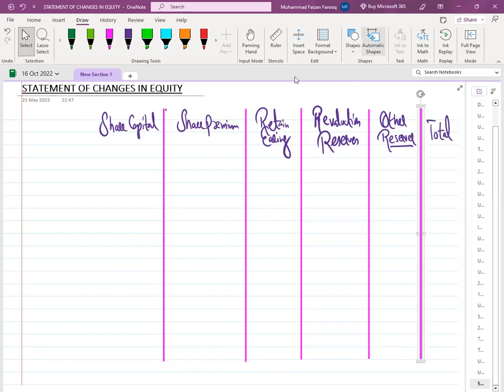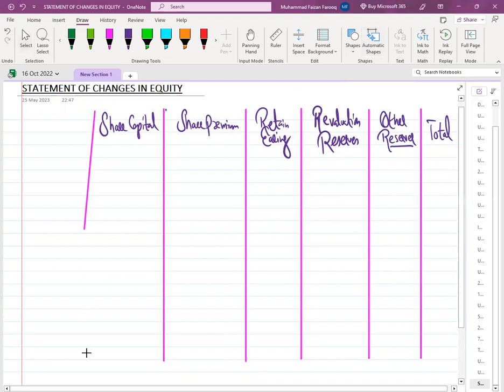This is the main format of the statement of changes in equity.